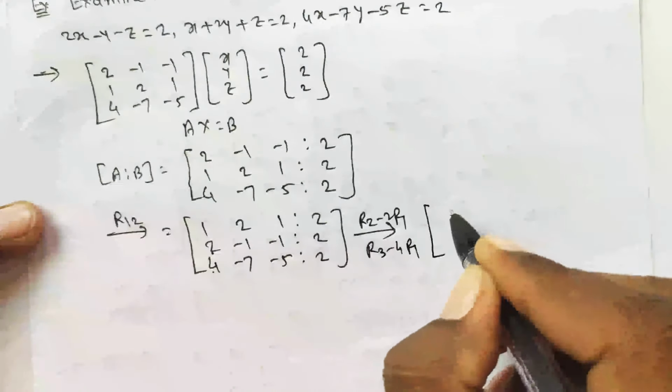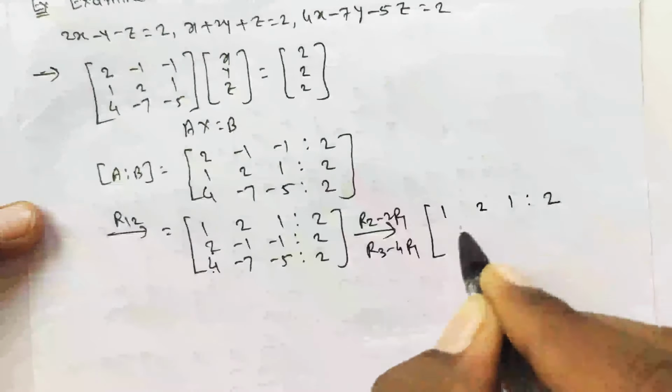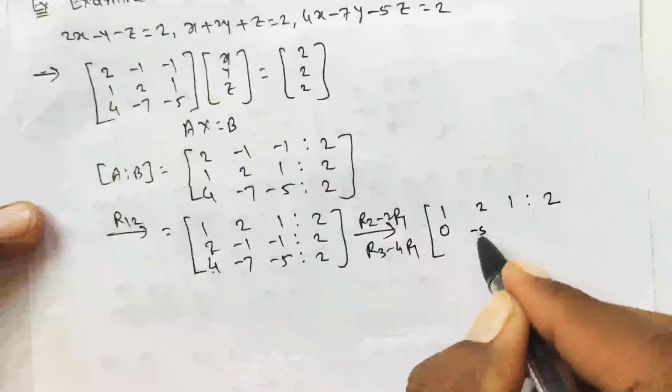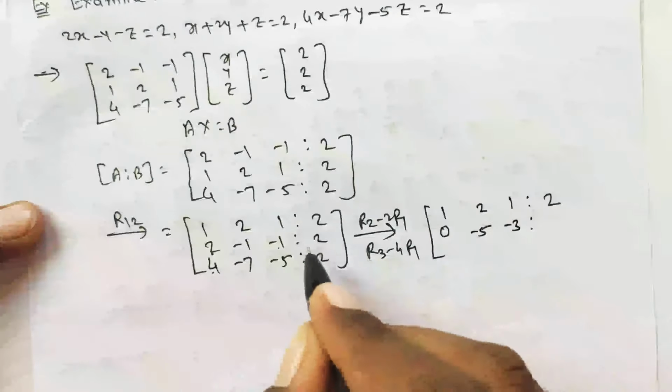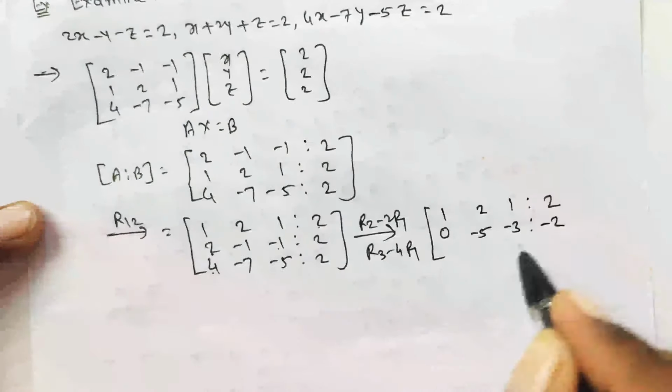If we use this operation here, then this becomes 1, 2, 1, 2, then 2 minus 2 is 0, minus 1 minus 4 is minus 5, minus 1 minus 2 is minus 3, then 2 minus 2 into 2, that is 4, 2 minus 4 is minus 2.